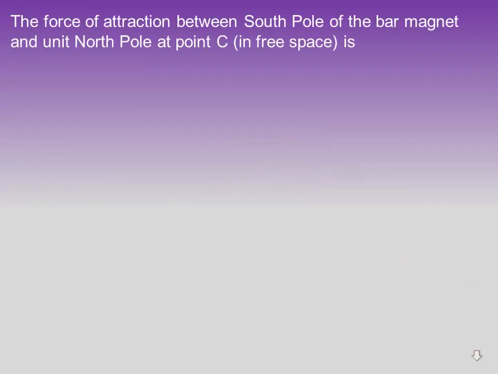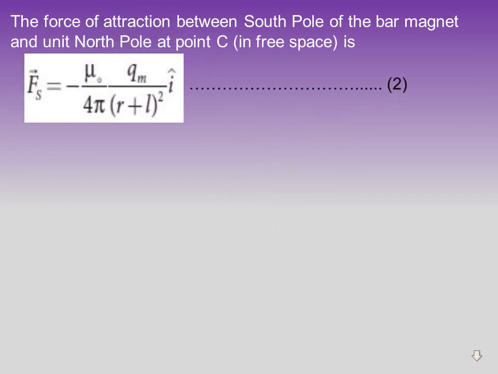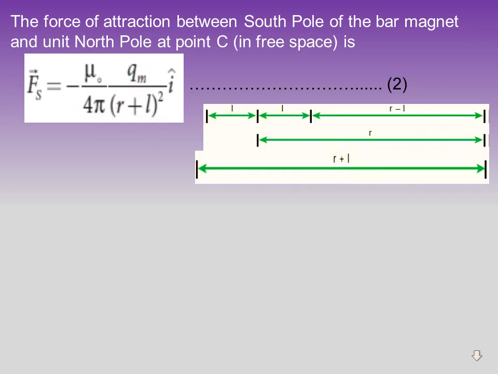The force of attraction between the south pole of the bar magnet and the unit north pole at point C, in free space, Fs vector is equal to minus mu naught by 4 pi into Qm by (r plus l) the whole square into i cap.